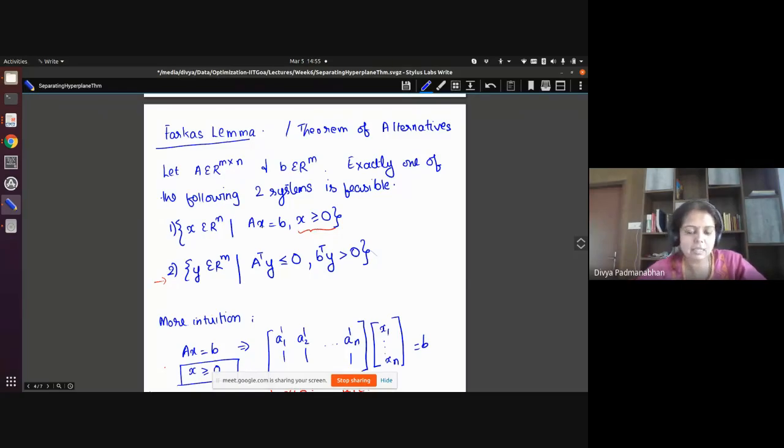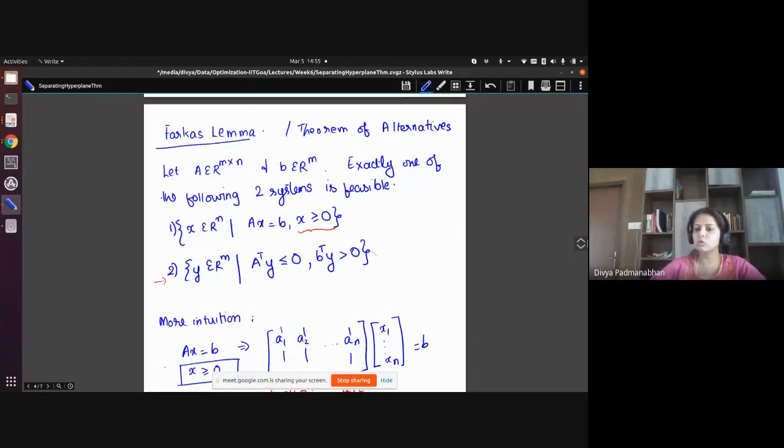If x such that Ax equals b is feasible, then there's another system which is infeasible. So you can construct such systems using these basic ideas. The underlying thing is mainly the separating hyperplane theorem: construct some convex sets and try to do the separation.